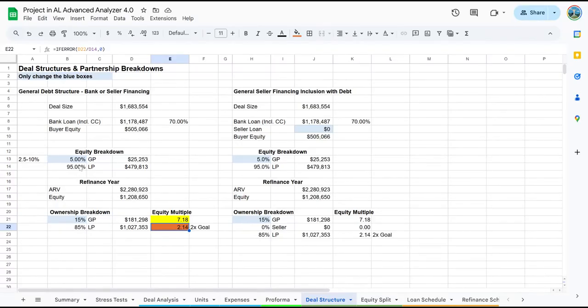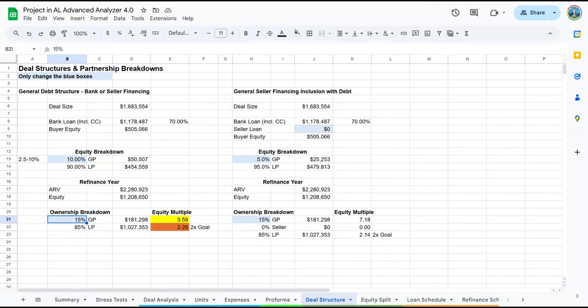And you can change these around. You can see how it changes the 2x goal. So if we come in and say the general partners want to put down 10%, that actually increases the limited partners' return. Now the bottom portion is the ownership breakdown.